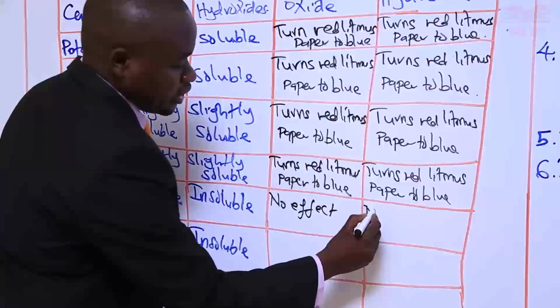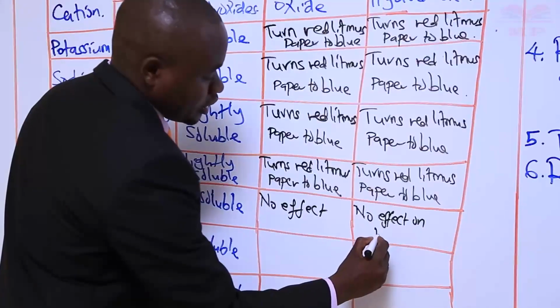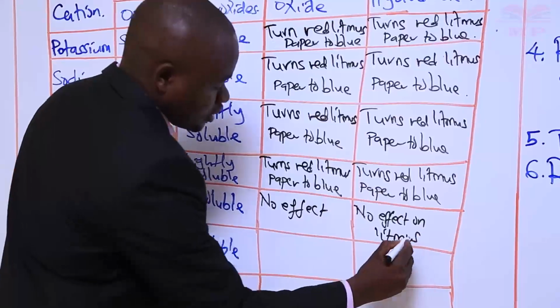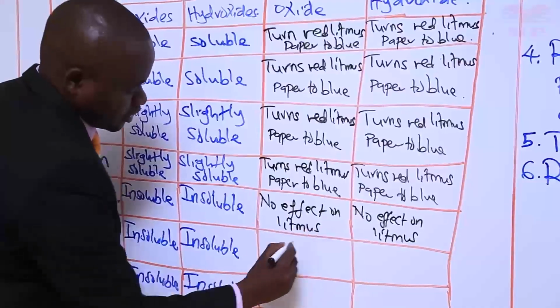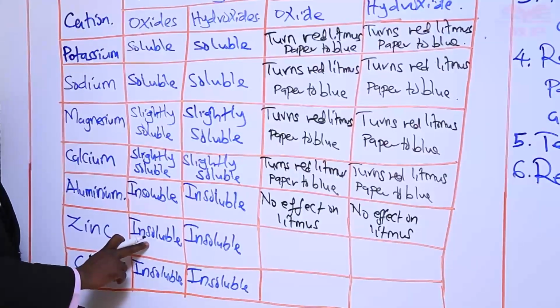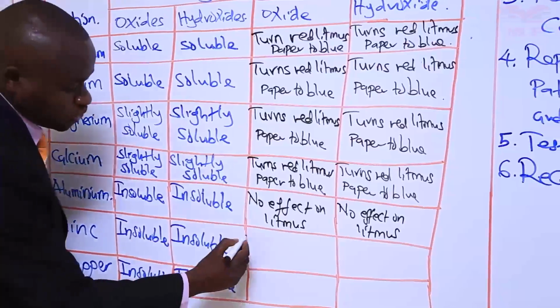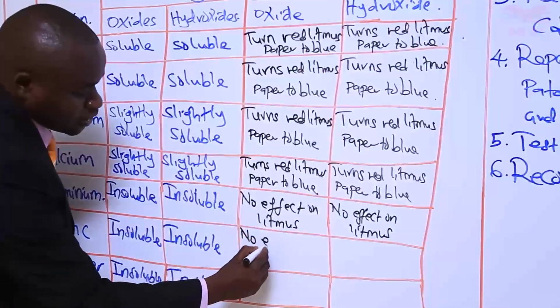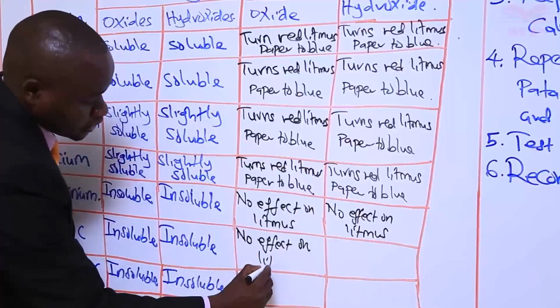The same applies here. No effect on litmus. The same applies to zinc because the oxide is insoluble as well as the hydroxide. Therefore, there is no basic solution, and for that reason, there is no effect on litmus.